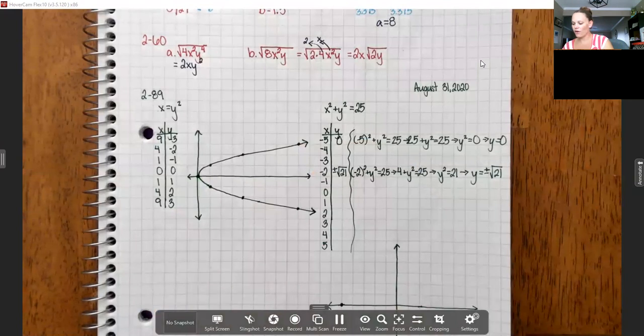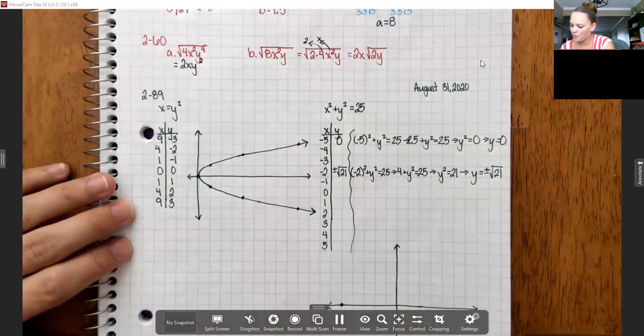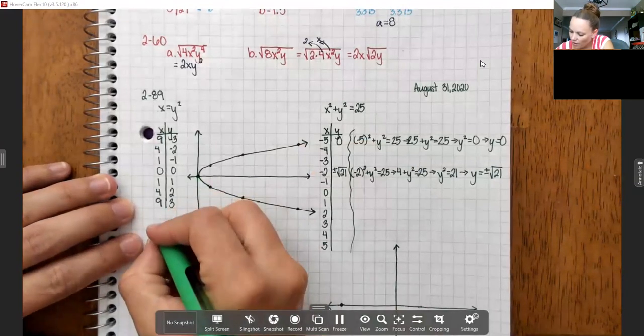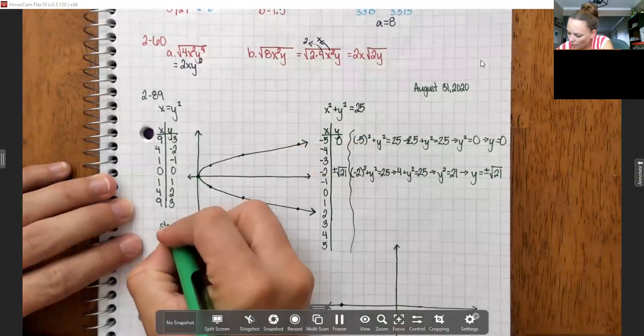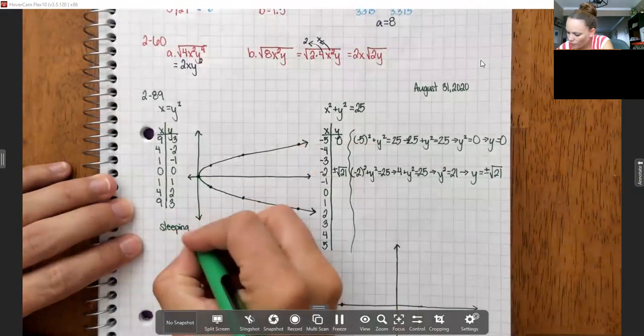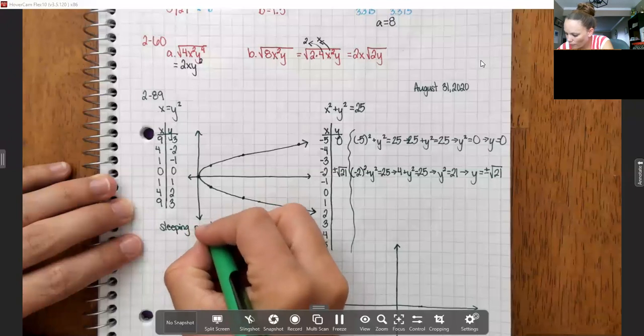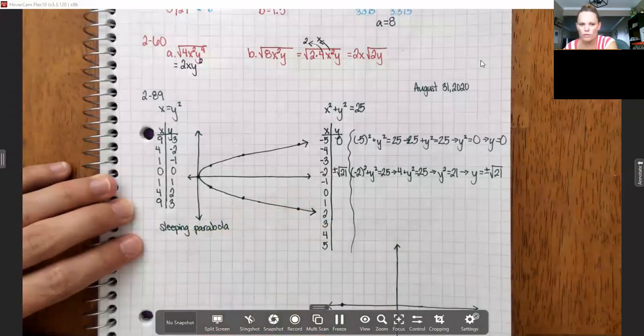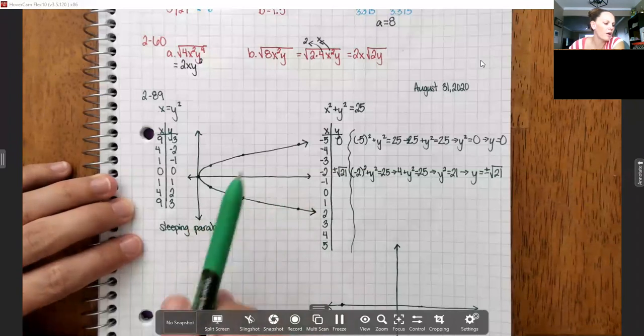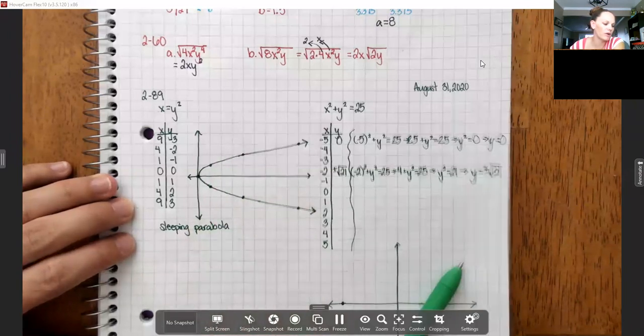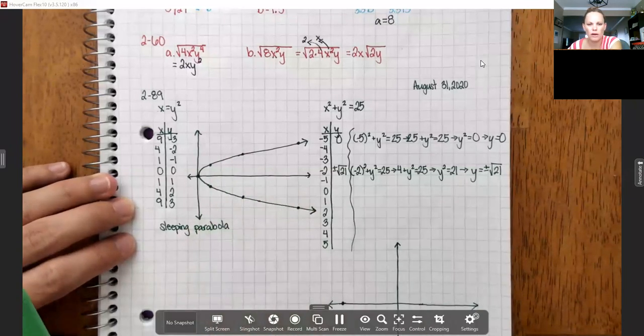So for this graph, this is what we call a sleeping parabola. And then I'm going to go over the questions for this one before we go to this one.